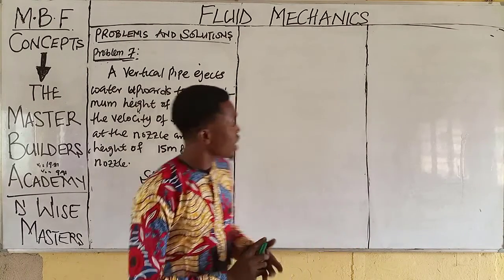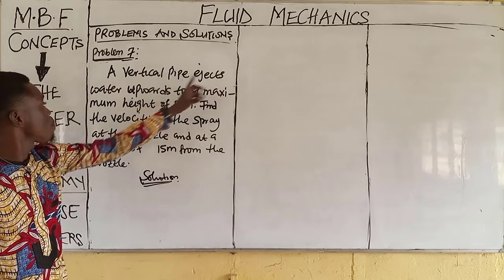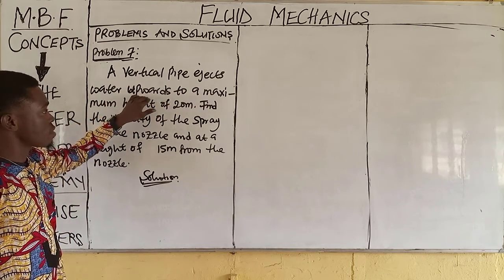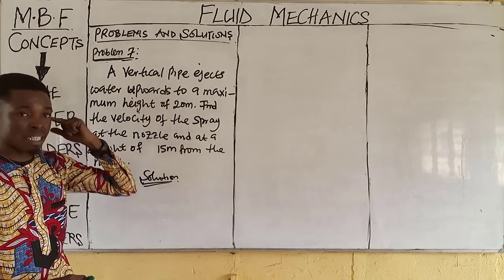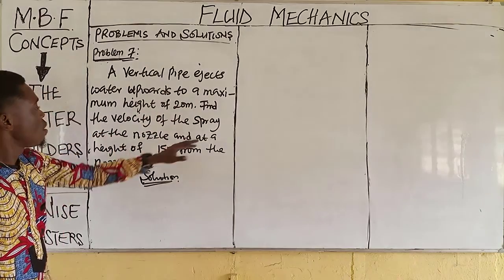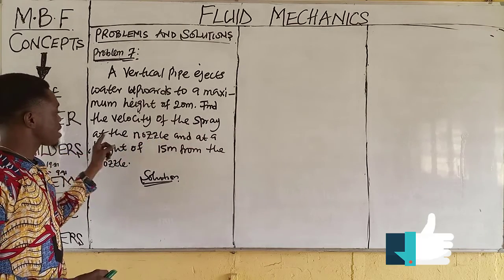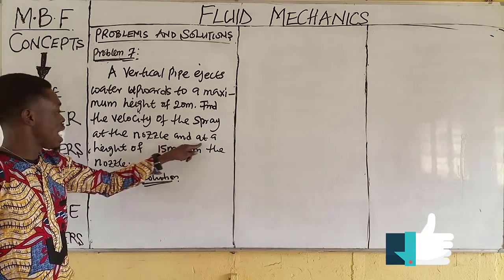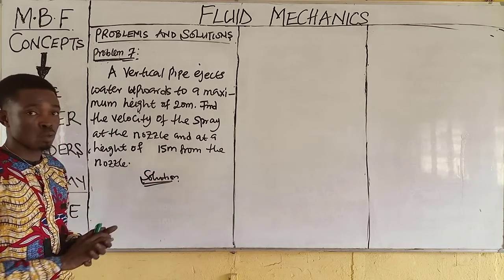Now we have a vertical pipe that ejects water upwards to a maximum height of 20 meters. Find the velocity of the spray at the nozzle and at a height of 15 meters from the nozzle.